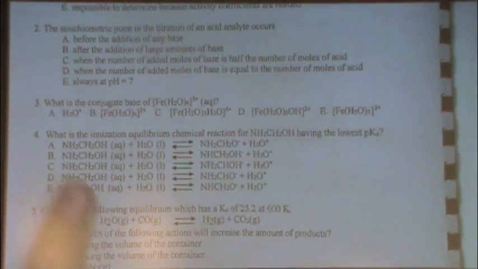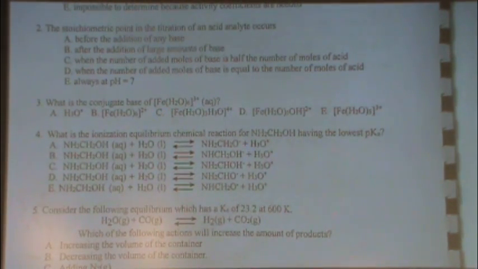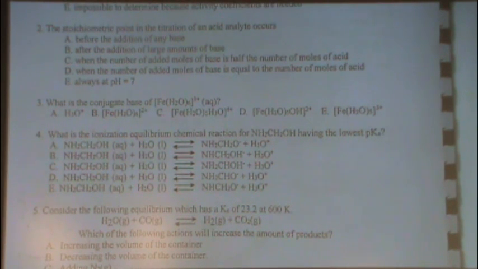I want the one with the lowest pKa. Does that mean the Ka is large or small? If the pKa is low, just like the pH, then the Ka is high. If the Ka is high, is it strong or weak? Strong. Relatively strong. Does that make sense?